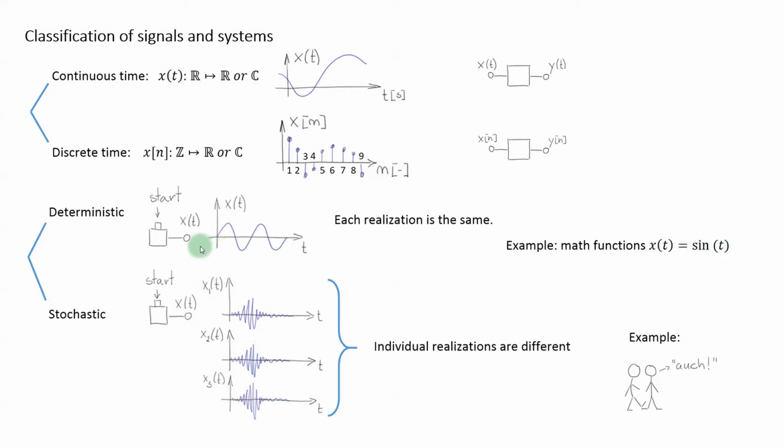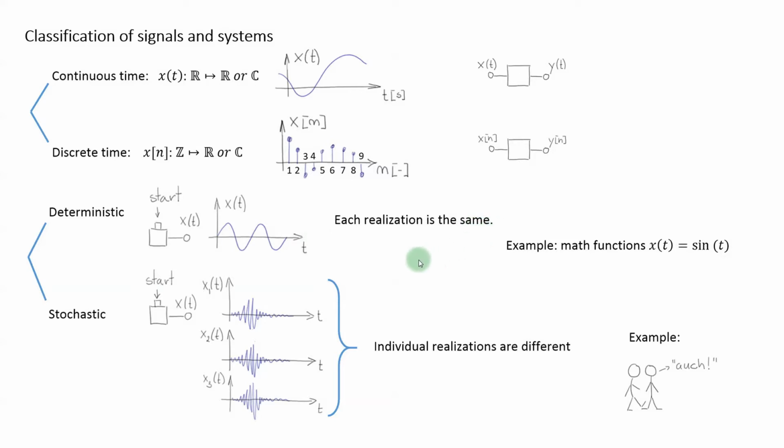Now, the output of a deterministic system is a deterministic signal, and the output of a stochastic system is a stochastic signal. And these individual measurements of the stochastic signal are called realizations. And in case of the stochastic system, these individual realizations are different. In the case of the deterministic system, each realization is the same.